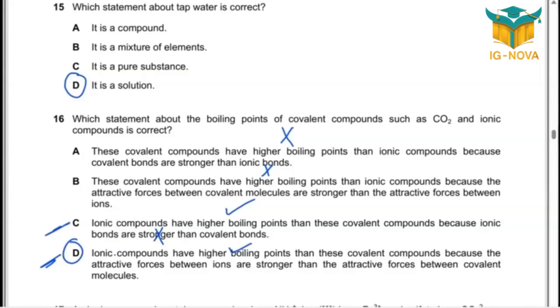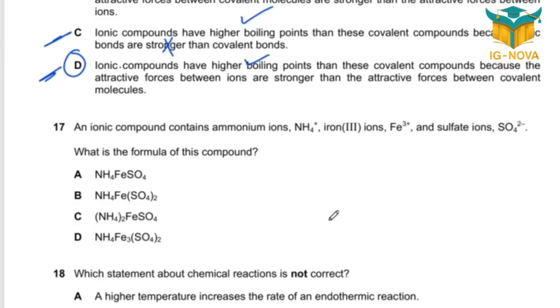Read option D carefully. This is question 17. What is the formula of this compound? Ammonium plus 1, iron plus 3, sulfate minus 2. We need to add all of them, but take care the overall charge by the end to be 0.